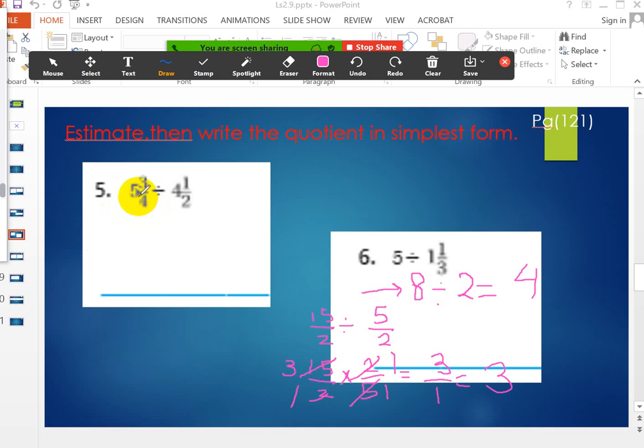Equals 20. Plus 3. 23. Over 4. Now, what about this one? 4 multiply 2 equals what? Equals 8. Plus 1.